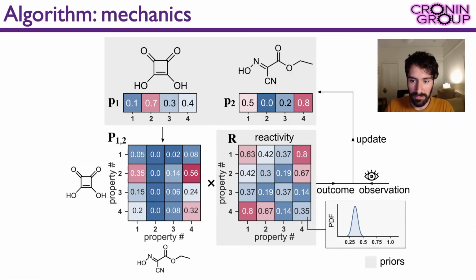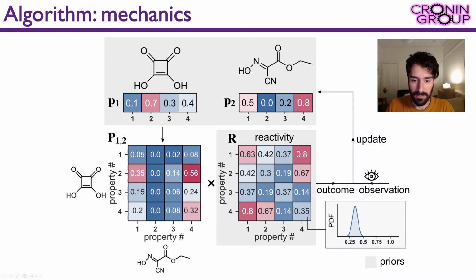So in the simplest version, the model basically works as follows. Each compound has the possibility of having a number of properties to a certain extent. So these two vectors, P1 and P2, are the property vectors for these two compounds. And higher numbers mean that this compound has more of that property.